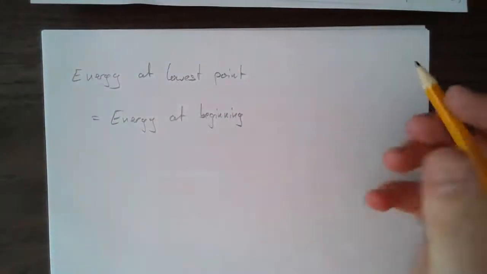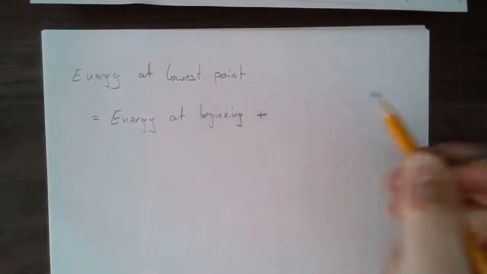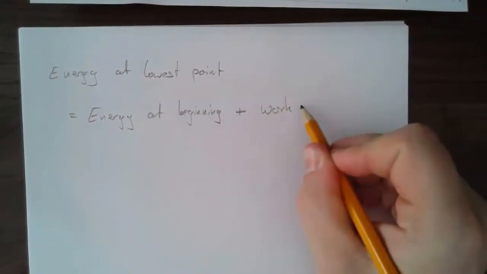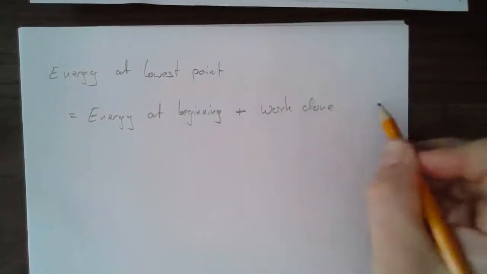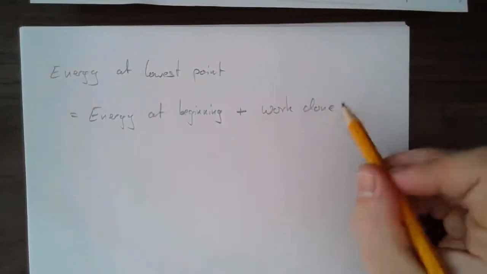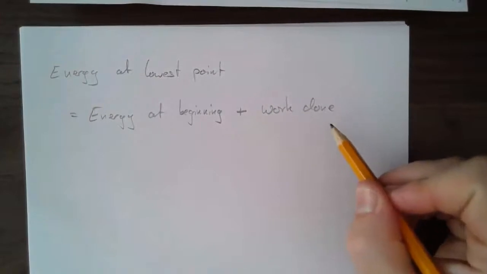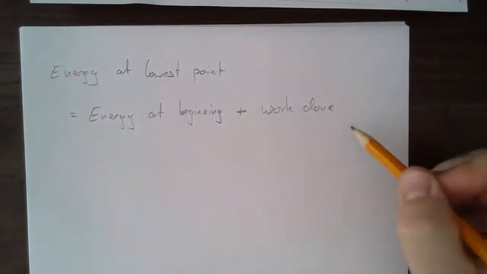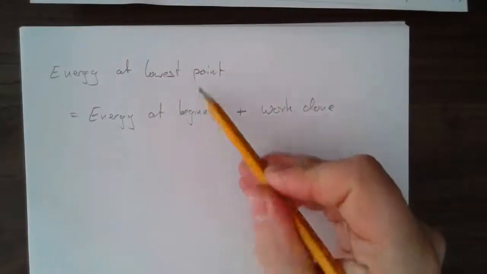and then we're going to add to that the work done by non-conservative forces. Non-conservative forces are those forces that don't have a potential energy associated with them that we could include in these terms.